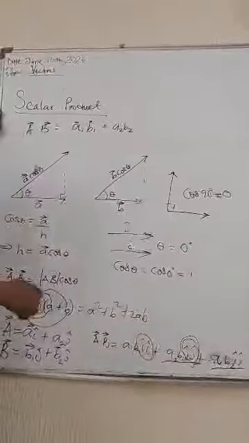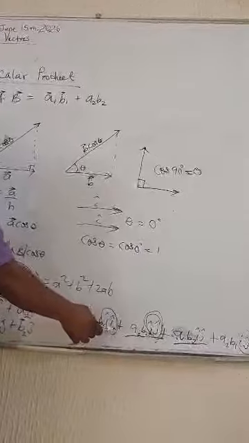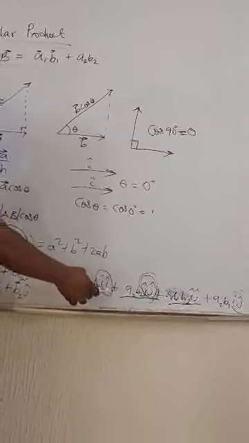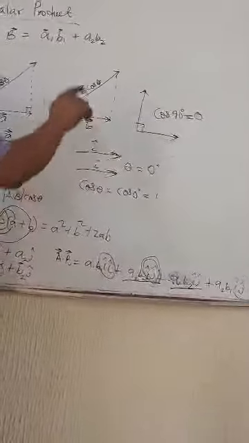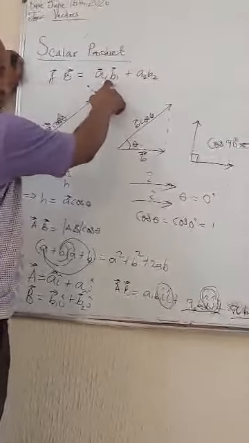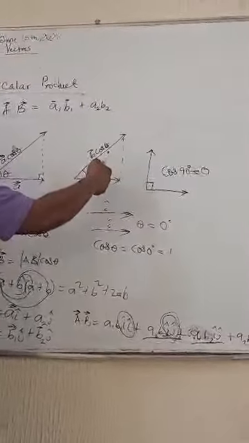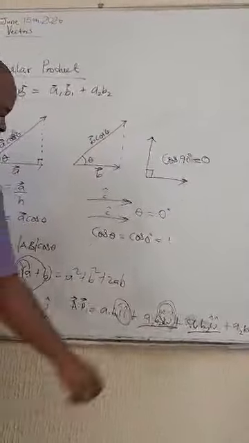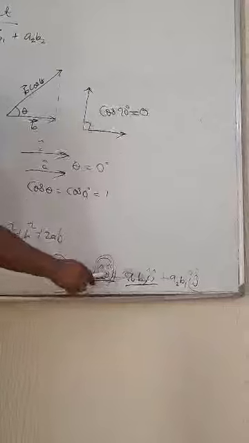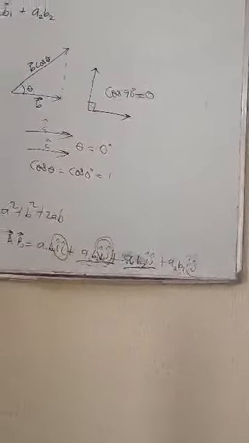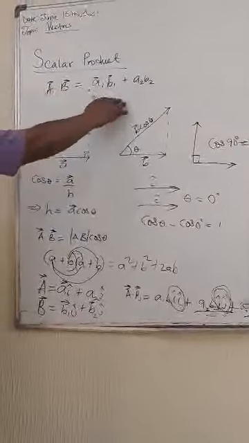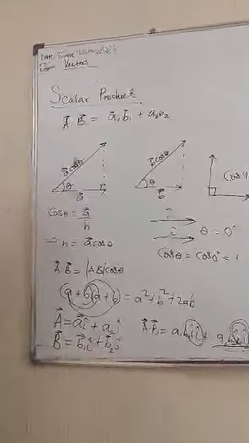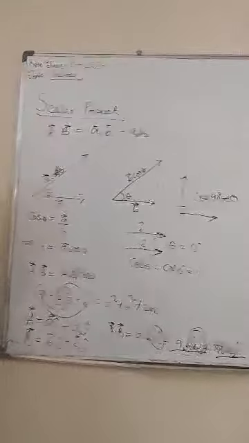Remembering that the term showing the angle between the two vectors i and i gave us 1. So we no longer have the angle here because cos 0 is 1. Same thing here, cos 0 is also 1. But this part will change to 0 since cos 90 is equal to 0. Hence, this will be the product of two vectors if they are expressed as column vectors.